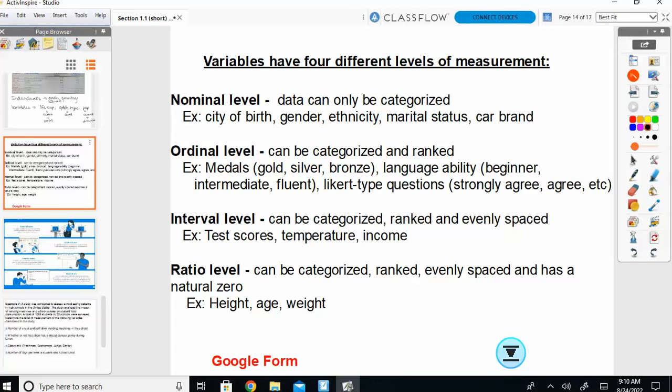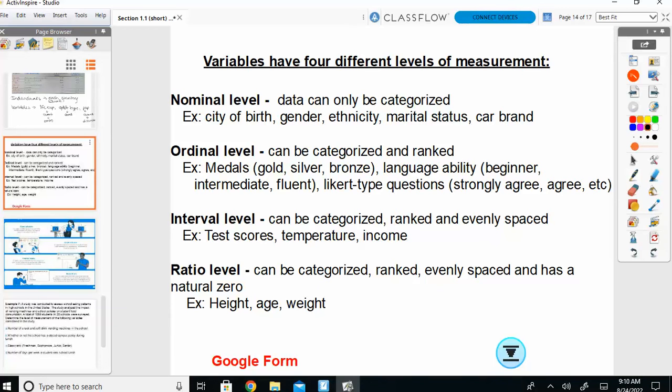But if I'm talking about the temperature outside, there's the same difference between 77 and 78 degrees as there is between 78 and 79, and 79 and 80. So we categorize it, we can rank it, but if it's the same distance between every group, then that also makes it interval. Like your test scores, your percentages, there's the same difference between all of them. Things dealing with money, same difference between them.